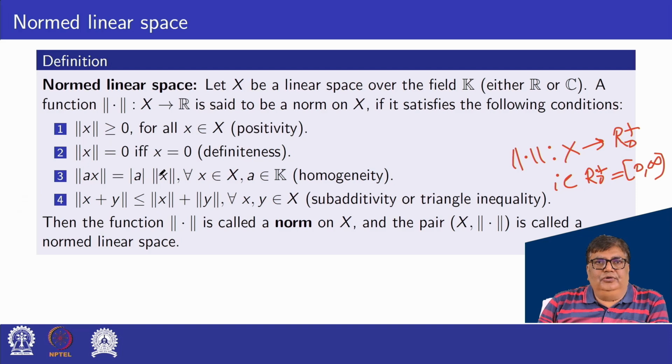So we have to write the right side as always greater than or equal to 0, since a is any scalar, which may be real or complex. So |a| is always a positive real number, so we have to write |a| because this will be positive.